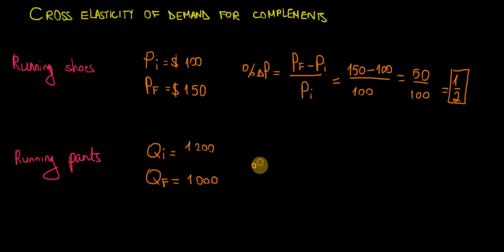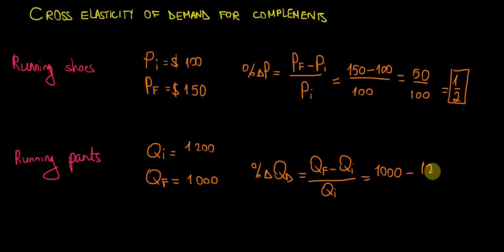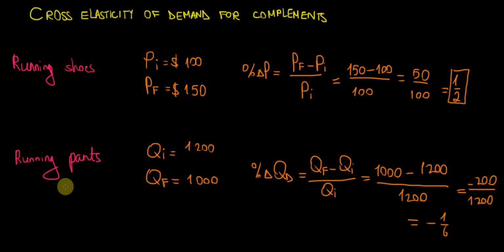So percentage wise, the change in quantity demanded for running pants would be the quantity final minus the quantity initial divided by the quantity initial, and that would be equal to 1000 minus 1200 divided by 1200, and that would be equal to minus 200 over 1200, and that would be minus 1 over 6. Now let me zoom out to get more space and continue with some algebra.